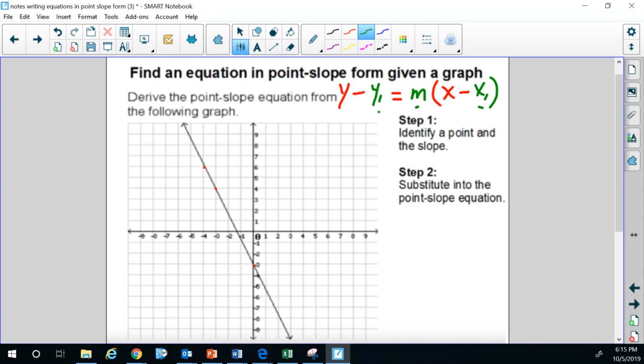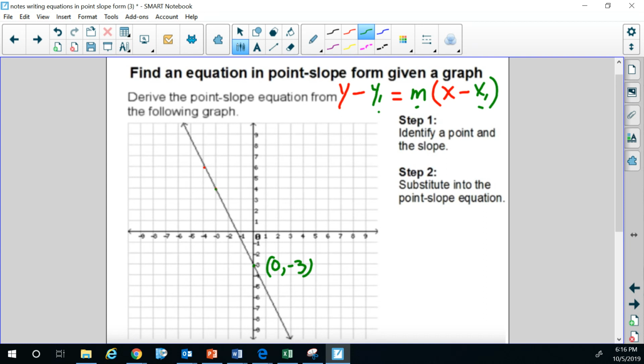Okay. So my first point I'm going to pick is where the line crosses the y-axis, which is right about here, and that is (0, -3). My next point, I see the line crosses right where the grid lines cross. So I'll call it a pretty point right here.